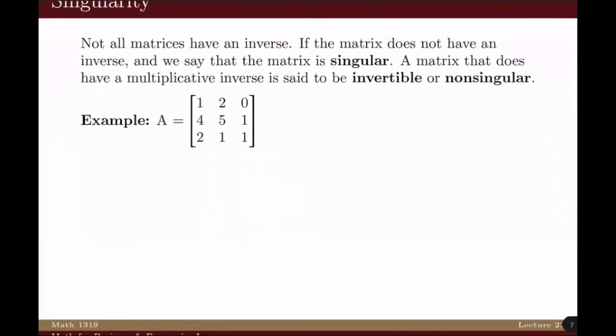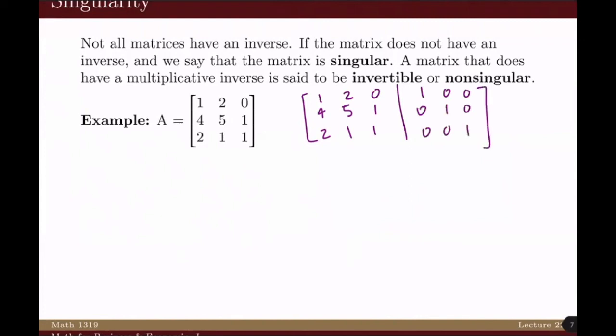So let's take a look at this one for starters. So the first thing we're going to do is augment it with the identity matrix. All right, and now we want to get the left side into reduced row echelon form, and then the right side will give us our A inverse.